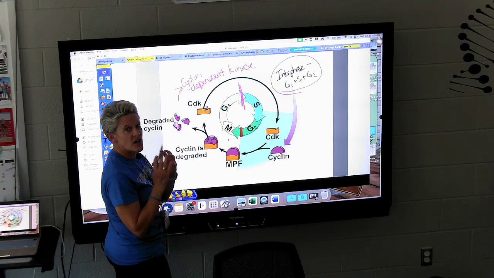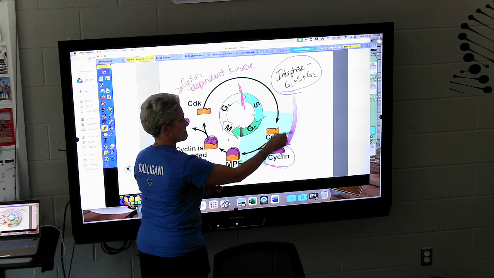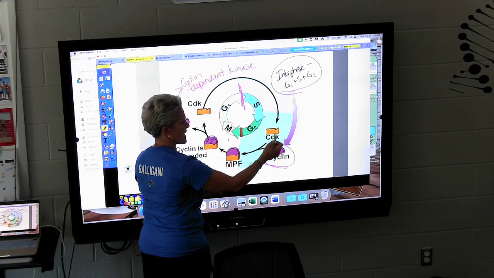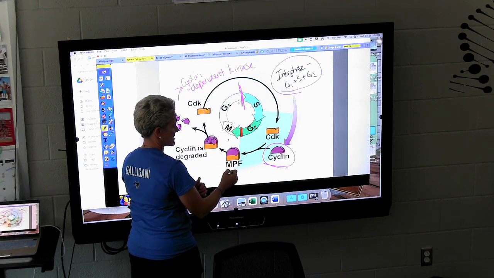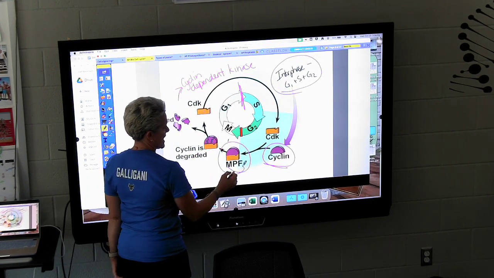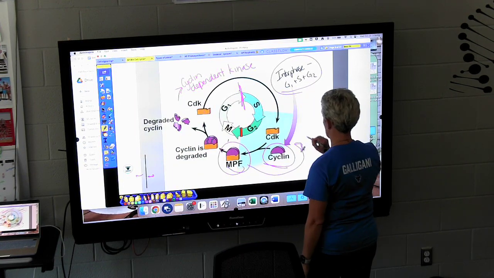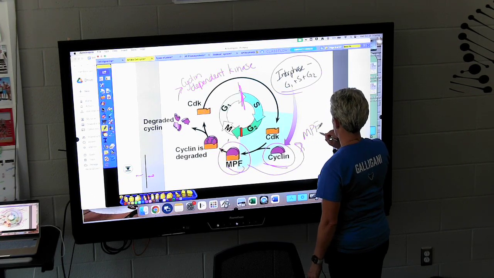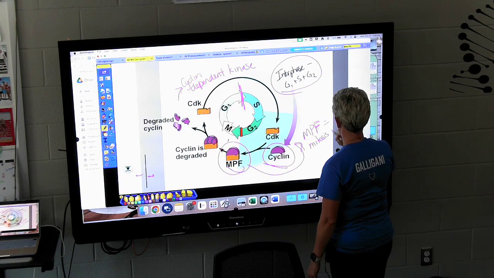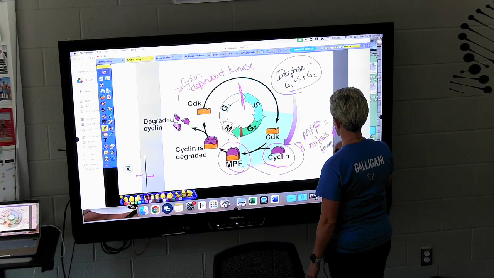Well, now we have another protein called cyclin, and notice what it does is it bonds to the CDK. It's got this little shape that will fit with the CDK, and you can see that when it does that, they fit together, and now we have this thing called MPF. MPF stands for mitosis promoting factor.